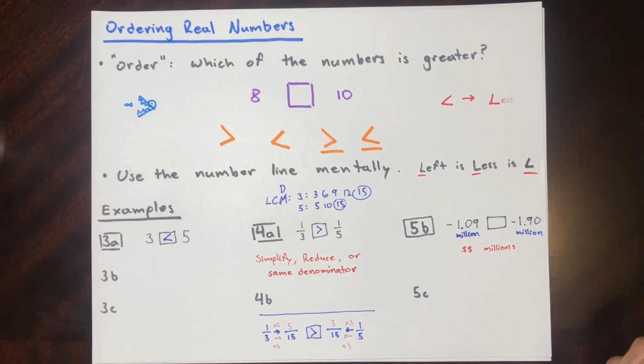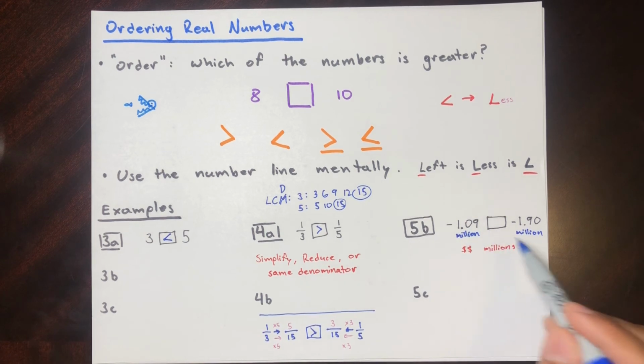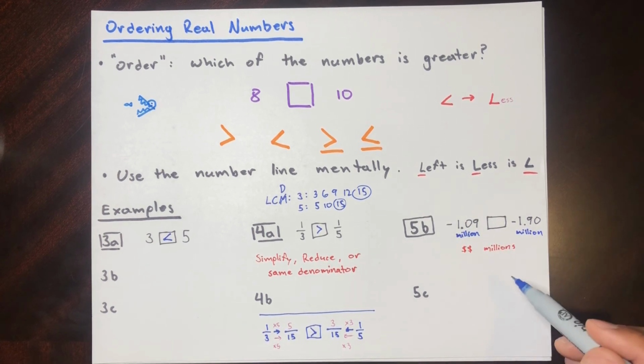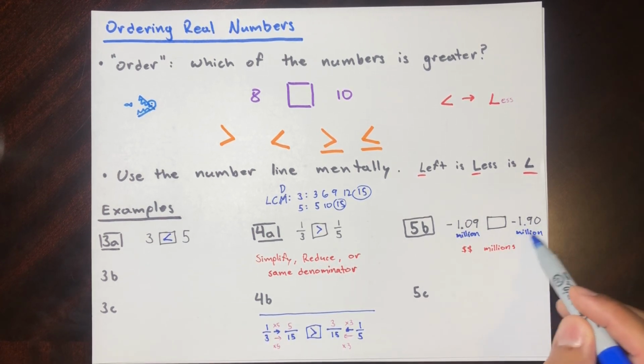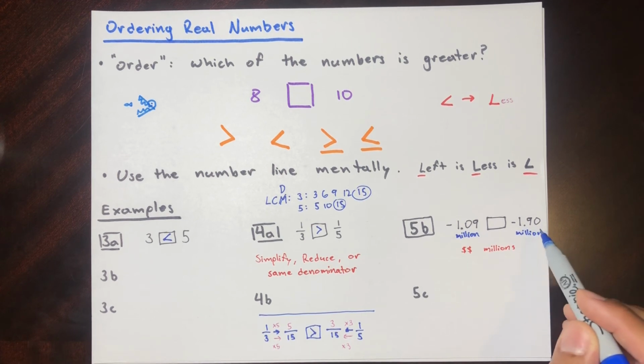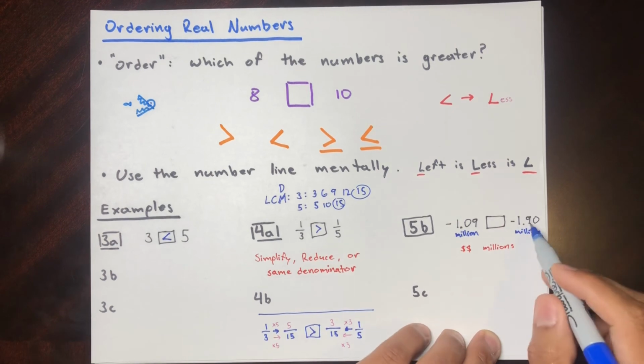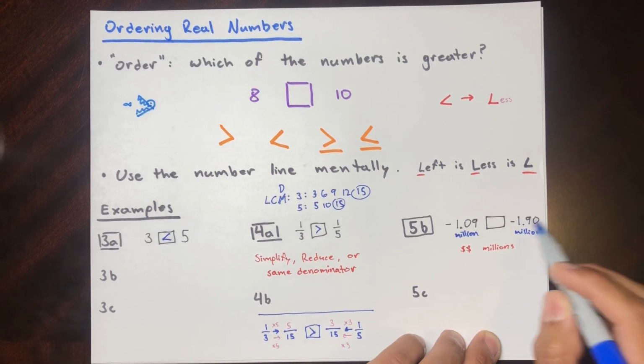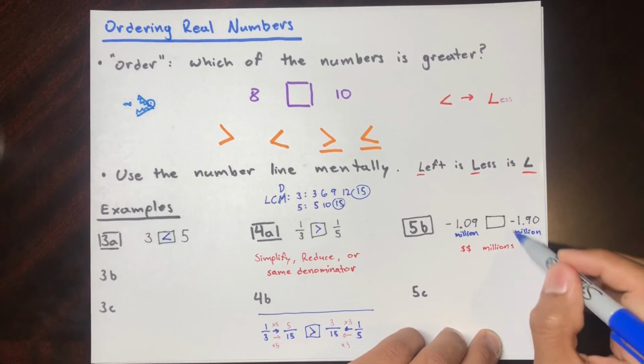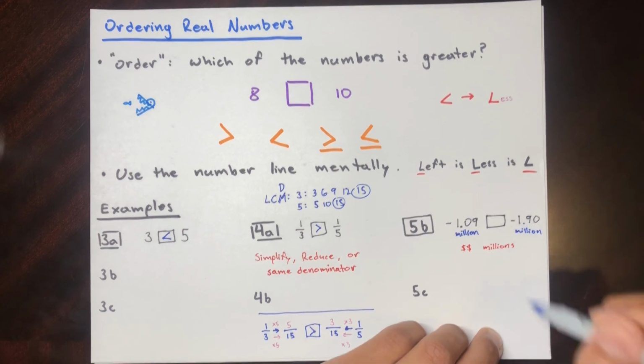Okay. So in this case, which one is greater than, which one is less than? Even though this number looks greater, it's actually going to be less.